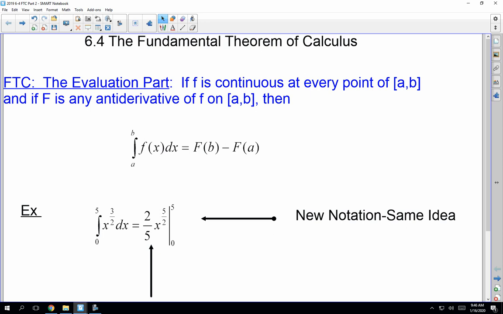In your textbook, they break it up into part 1 and part 2. It doesn't really matter. There's 2 parts. This is the evaluation part. It's always true, and you can write this down, the integral from a to b of little f of x dx is equal to big F evaluated at the upper limit minus big F evaluated at the lower limit, where big F is the antiderivative.